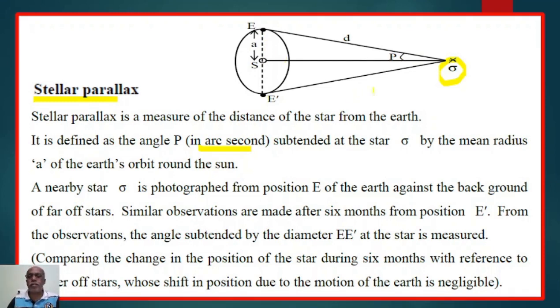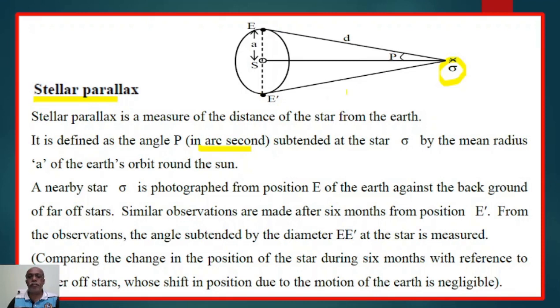Nearby star sigma is considered, and it is photographed from the Earth's surface when Earth is at position A against the fainter, far off background stars. Similar observations are made after 6 months when the Earth is at the exact opposite end, that is, when the Earth is at E dash.